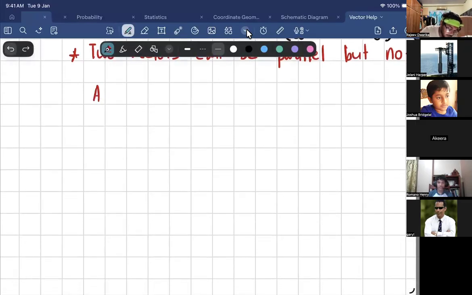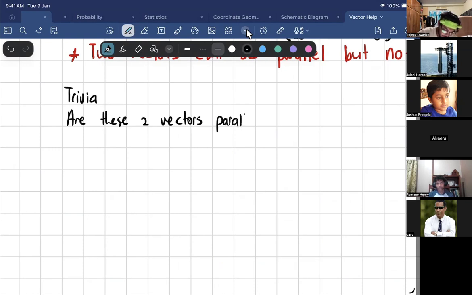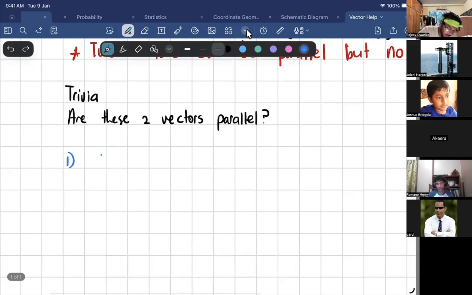Little trivia. Are these two vectors parallel? Let me look at question one. I have vector TV.